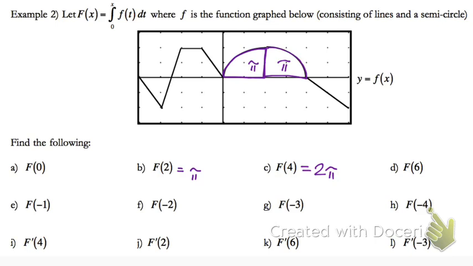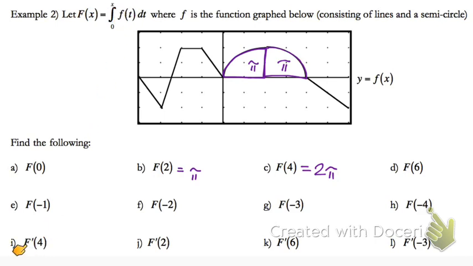I'm going to come down here and look at F prime of 4. Remember that the derivative and the integral are inverse operations, so they essentially undo each other. So the derivative of this function is just equal to f of t, the first derivative.